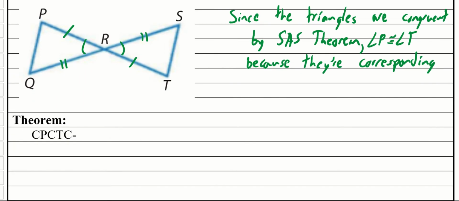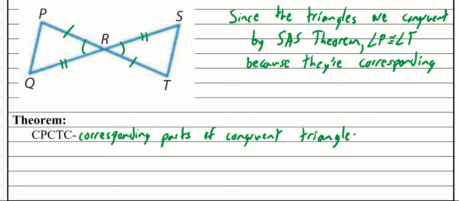So this idea leads us to this concept, theorem, whatever you want to call it, that we're going to talk about today, which is called CPCTC. The definition of this is actually just what it all stands for. CPCTC stands for corresponding parts of congruent triangles are congruent.